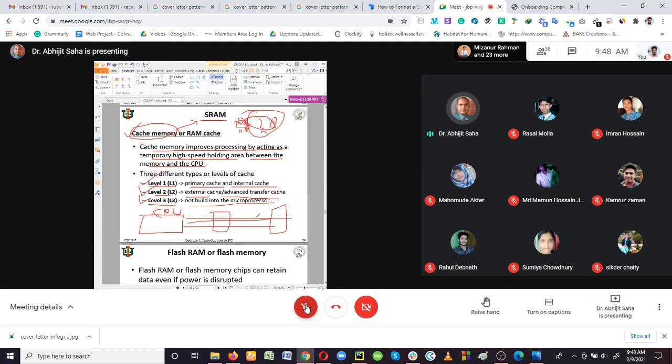The distance between these two components is a bit far. When the CPU is doing some operation and needs an operand, it must go to the main memory to find that operand.